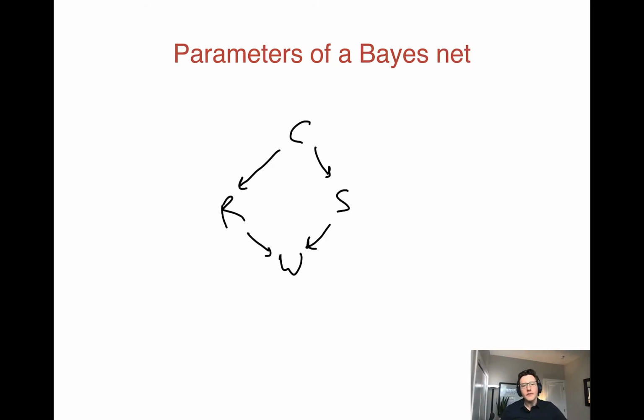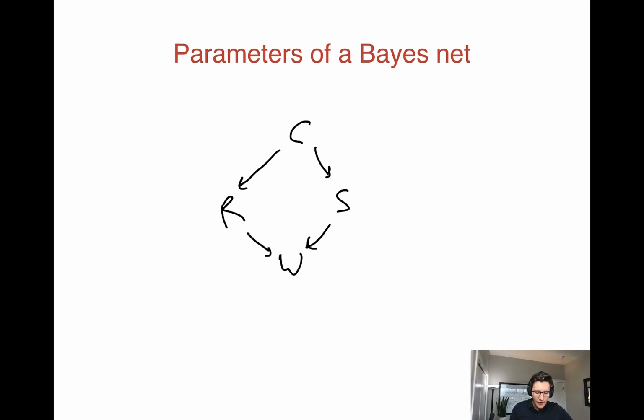Okay, what if I don't know some of the parameters of my Bayesian network? What if I want to make a learning problem where I learn the parameters? One way to include this inside the Bayesian network is just to add the parameters as additional random variables, or additional nodes in the Bayesian network.